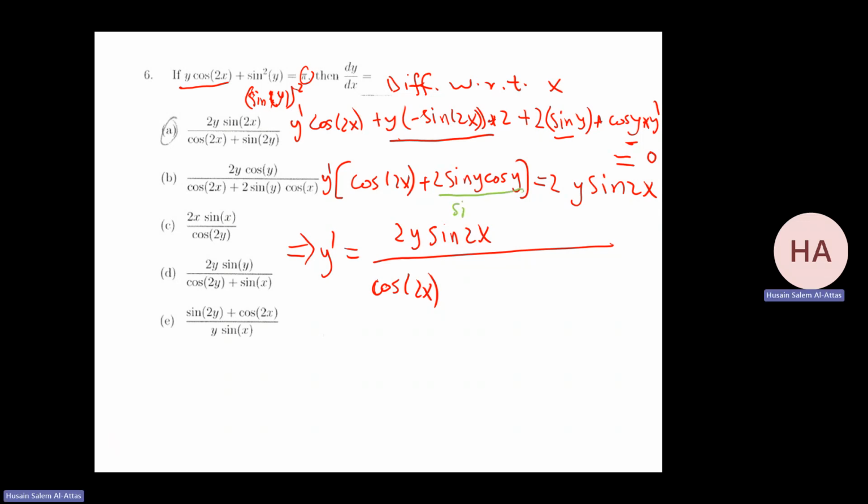This is sine 2y, the sine double angle, 2 sine cosine. So this is plus sine 2y. That is the answer: 2y sine 2x over cosine 2x plus sine 2y.